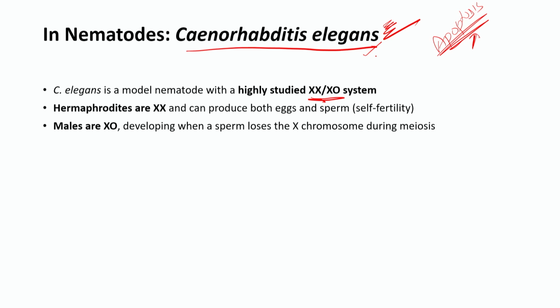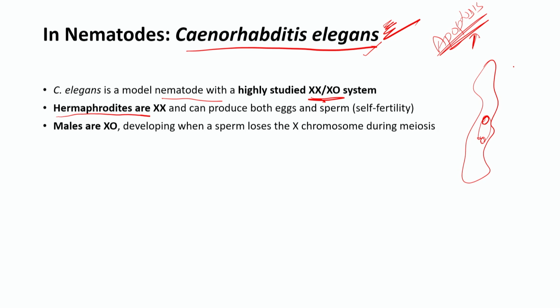C. elegans, which is a nematode, also has the XX and XO system, right? Hermaphrodite. So what is a hermaphrodite? A hermaphrodite is where male and female are both present in one body. So in C. elegans, the female and male parts are present in the same worm, so they can actually self-fertilize, right?